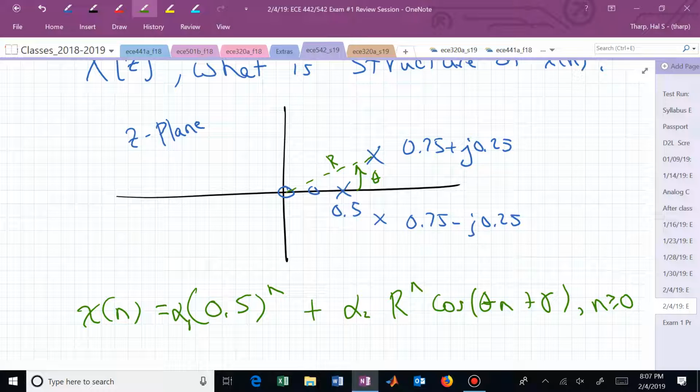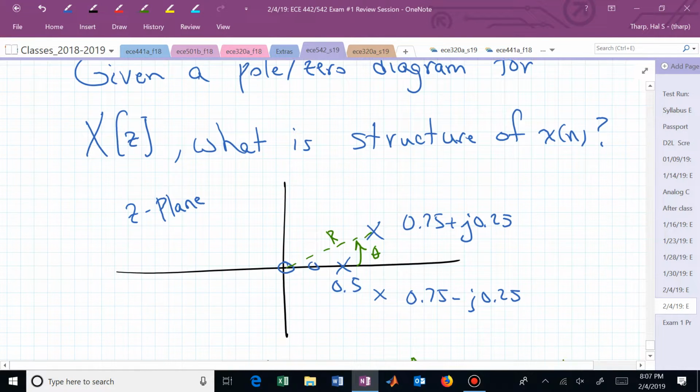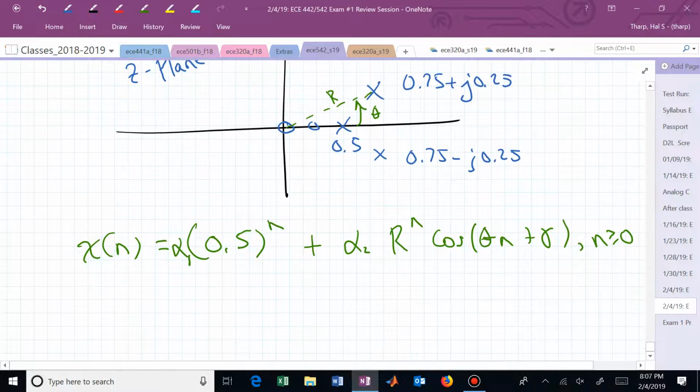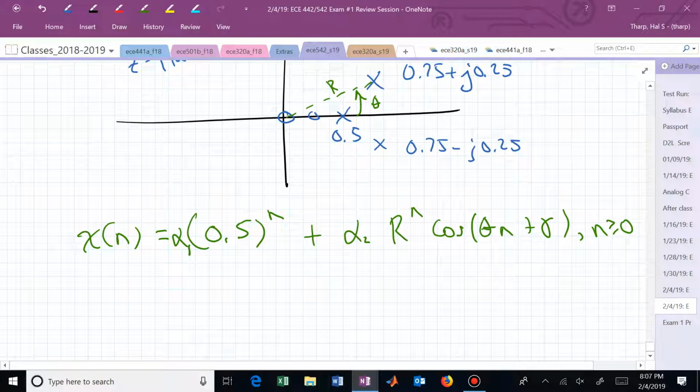Yes? Just double check to find the structure of x and use this to get the transfer function. So now what I'm doing is I'm simply using the pole locations. I didn't even have to get the transfer function. I just said, oh, from those pole locations, I can actually find how this system will naturally want to shake. It naturally, if somebody walked up to it and kicked it, or if they energized the initial conditions of this system, it would naturally want to shake relative to those pole locations.